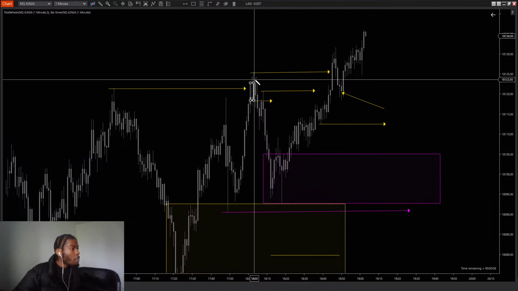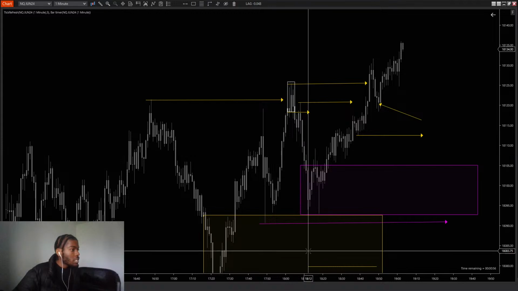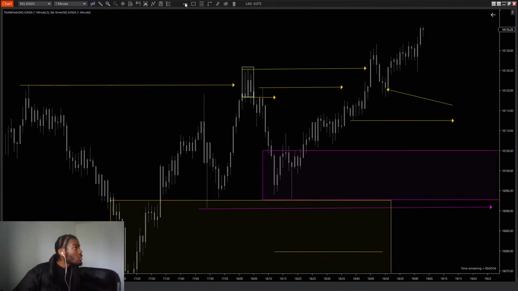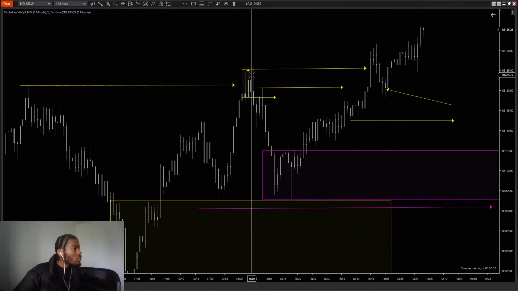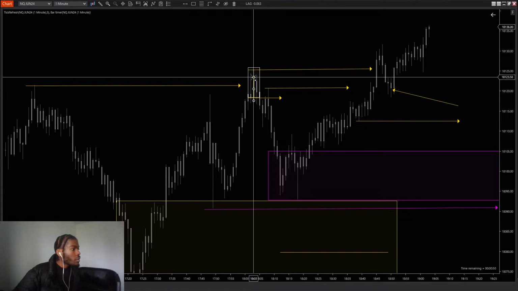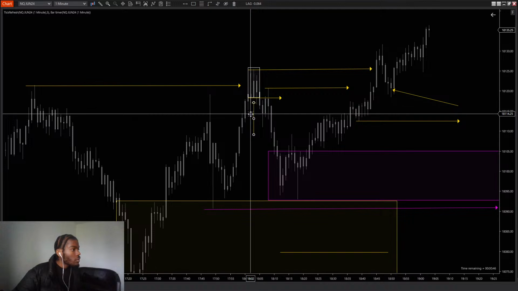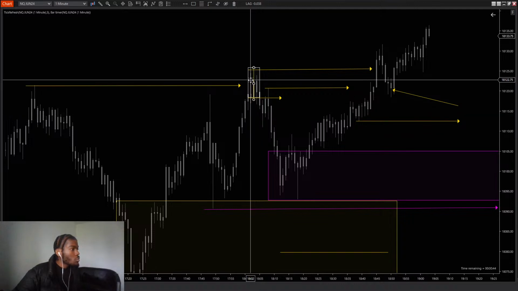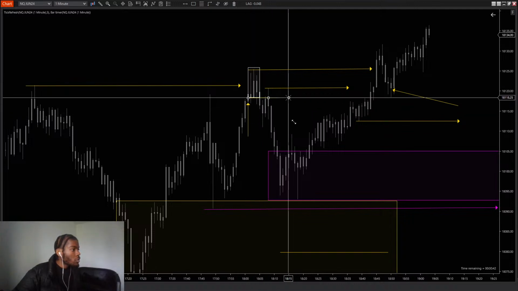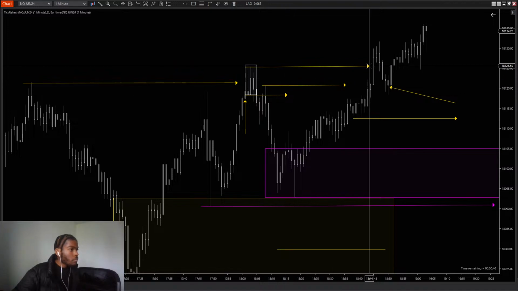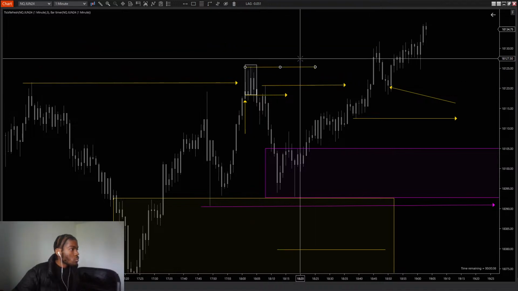This is the last up move to put in a new high. You see this up candle here? This low was responsible for it. So we got a body closure below it, making this high responsible.